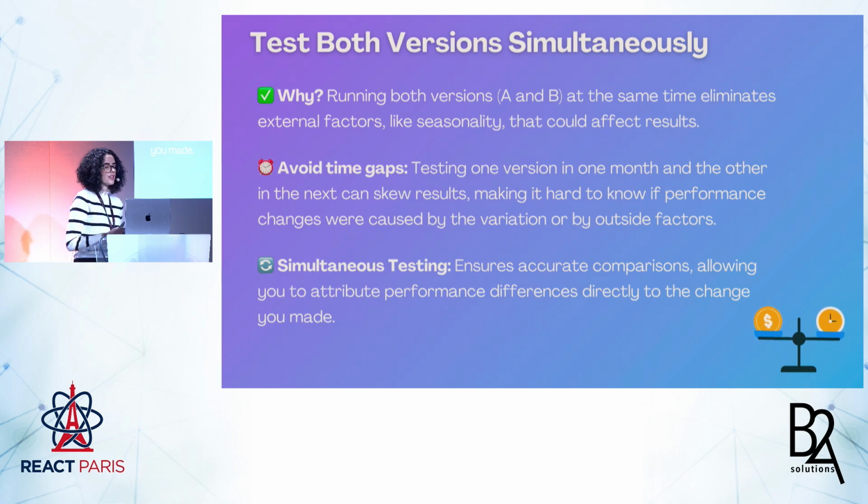Testing one version in one month and another in the other month can skew results, making it hard to know if performance changes were caused by the variation or by outside factors. And simultaneous testing ensures accurate comparison, allowing you to attribute performance differences directly to the change you made.